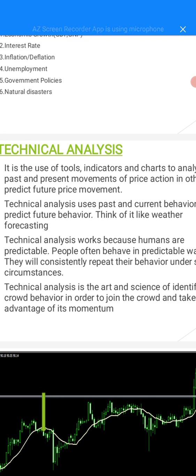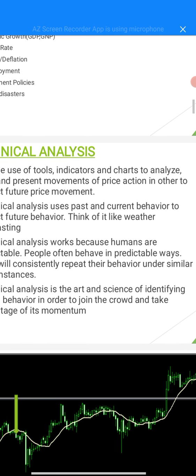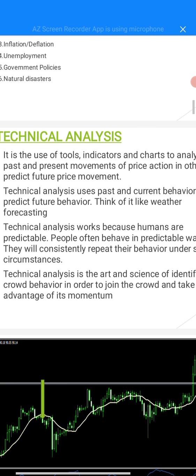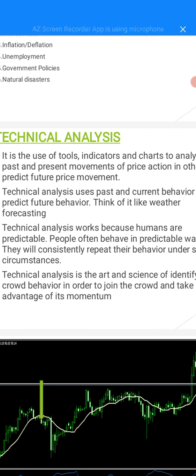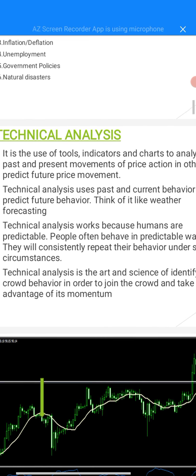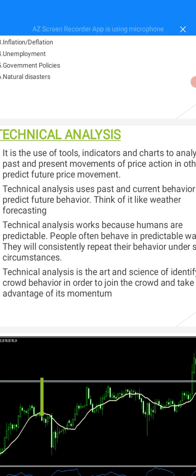Technical analysis is the art and science of identifying crowd behavior in order to join the crowd and take advantage of its momentum.